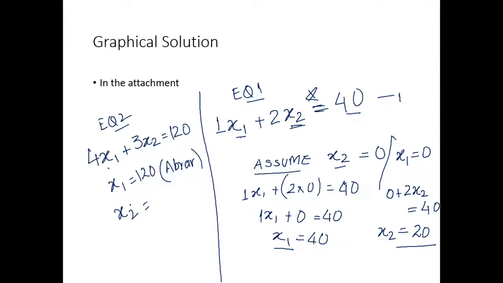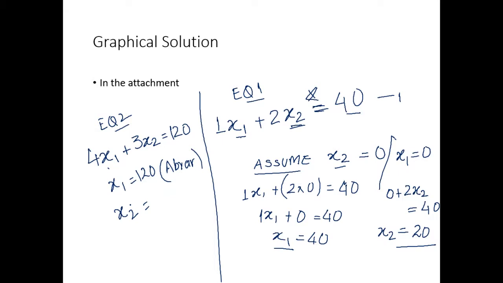This is the most important step in the graphical solution, because if you are able to find the values of x1 and x2 for both the constants properly, then the rest of the solution is easy, because then we have to just do some simple multiplications and addition. Are you trying to solve?